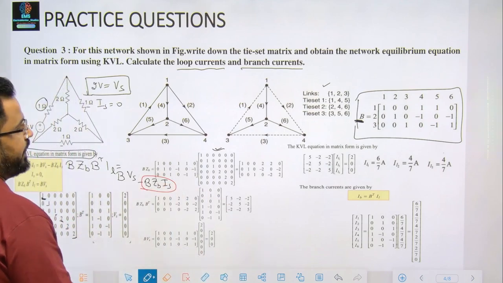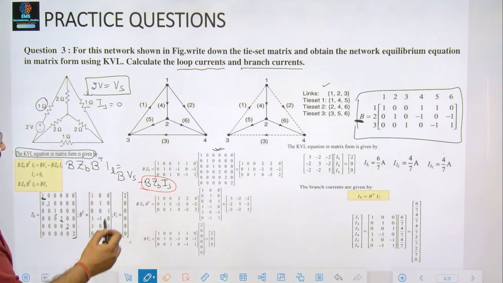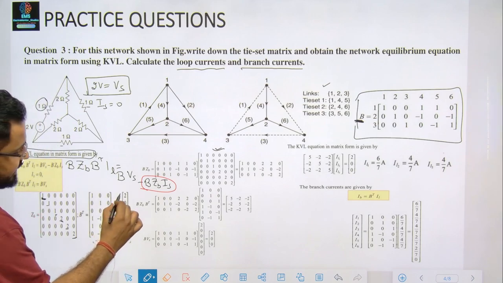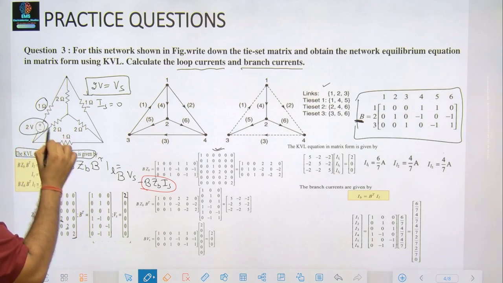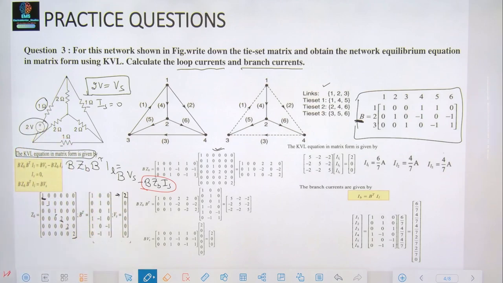Now I've got my B transpose over here. Vs is 2 because my voltage source is in the first branch. Clear everyone? My voltage source is connected to my first node.